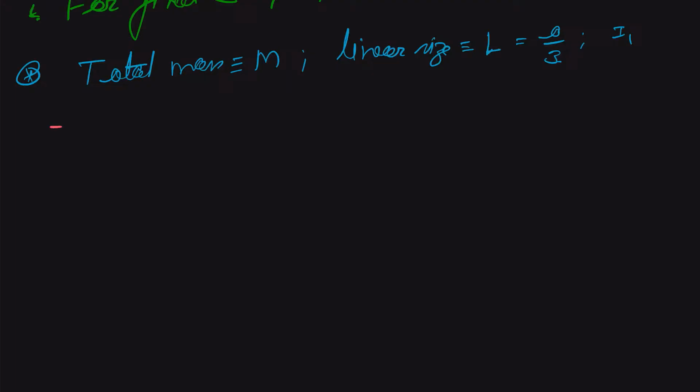Therefore, I1 will be proportional to mass and length square. If we use some constant C, it doesn't matter, so our I1 will be equal to constant C times mass and L square, that is length square.